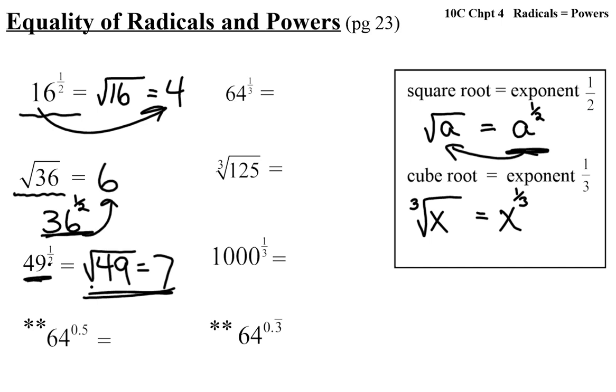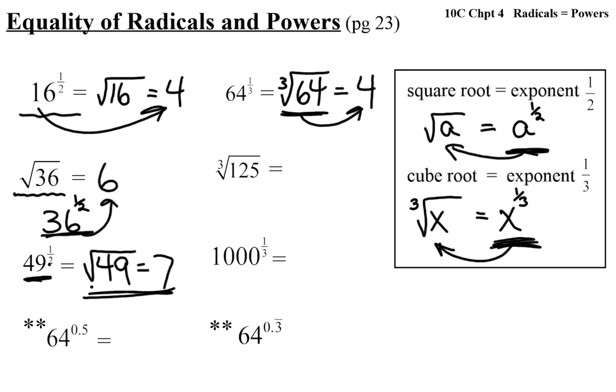Same thing will work with cube roots. 64 exponent 1/3, a 1/3 exponent looks miserable, but exponent 1/3 is just cube rooting a number. And hopefully, as we've gotten into this unit, you can identify, what do you multiply 3 times to get 64? Well, that's 4. But this, hopefully, is much more manageable, because that looks ugly, but it's not that bad.